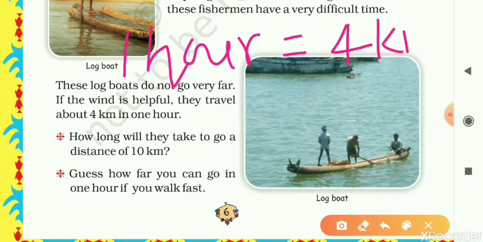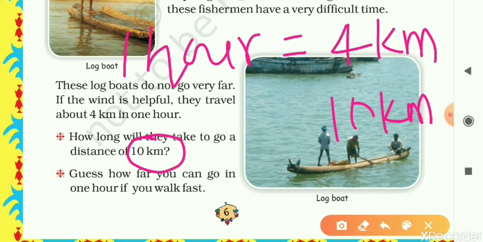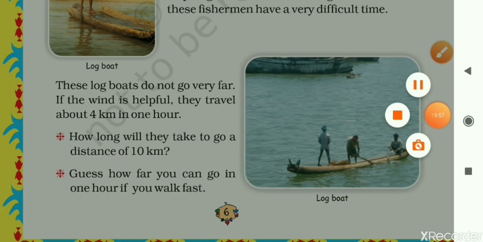Just 4 kilometers. Okay. So, how long will they take to go a distance of 10 kilometers? Okay. So, in 10 kilometers, yes, try.